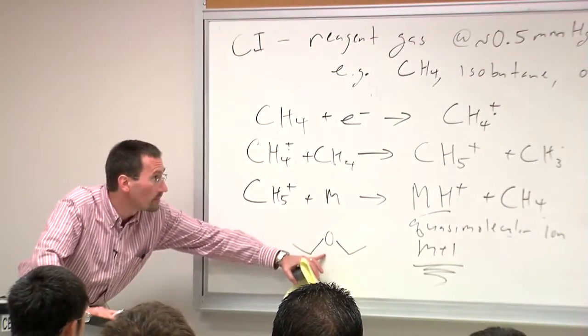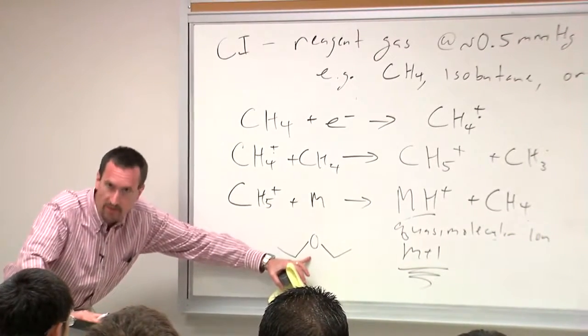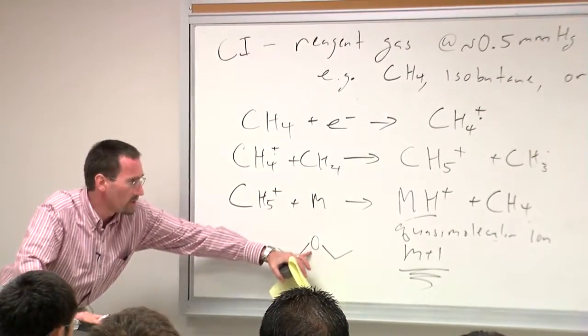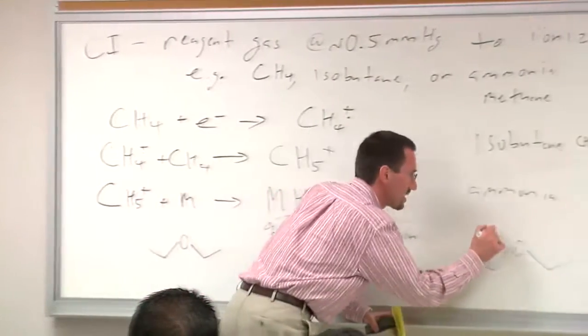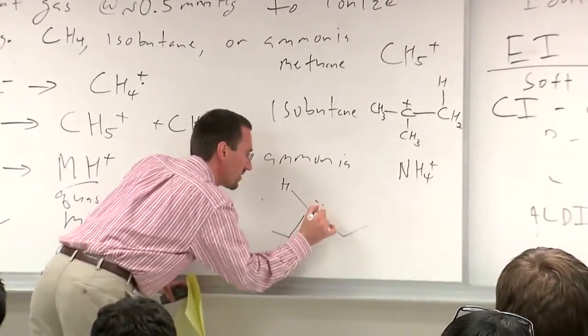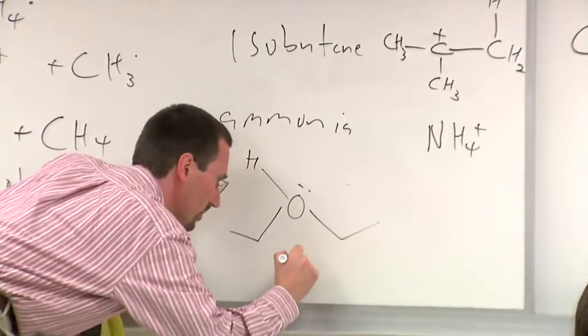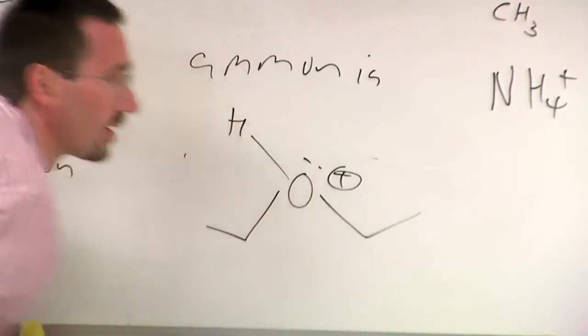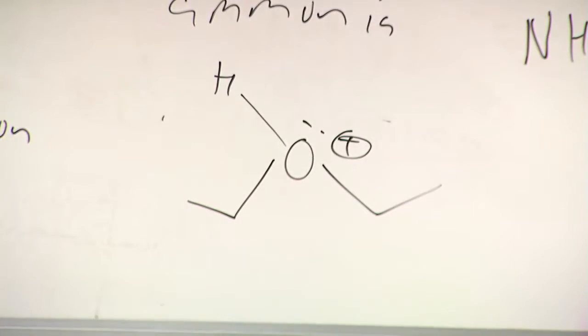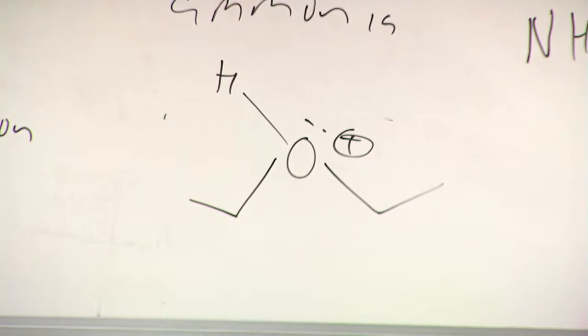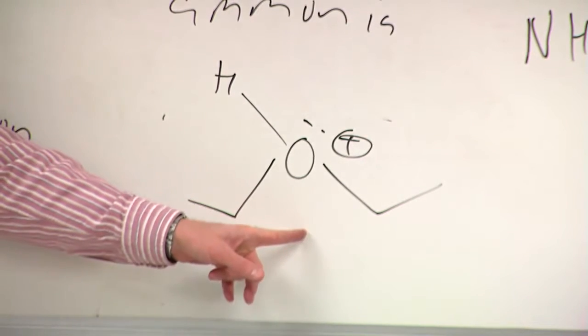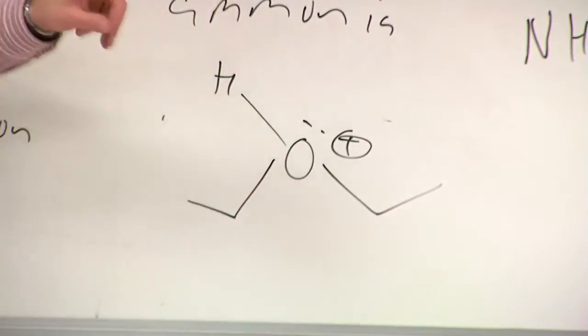No, wait, not something at 74, but rather something at 75 for the protonated ether. Right. So that's for methane. So you see that when you have methane, you see that M+1.